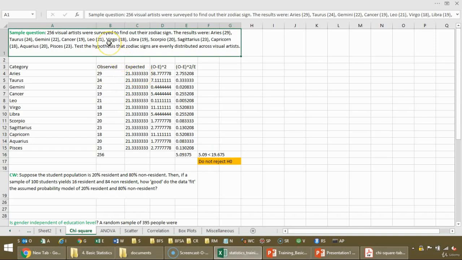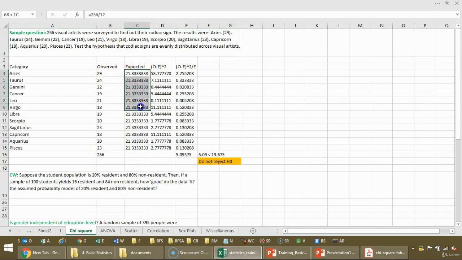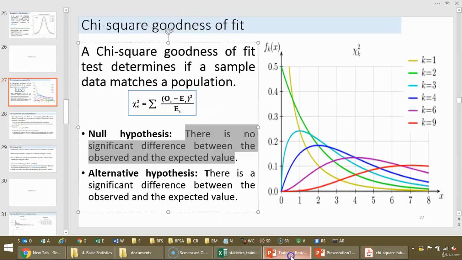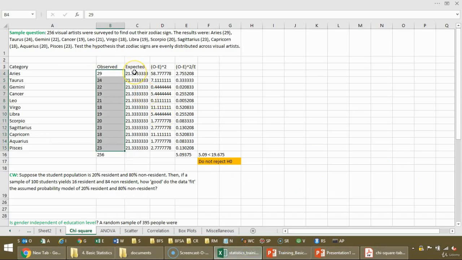There is not much difference. This was expected, and this is observed. There is not much difference. So this is the outcome.